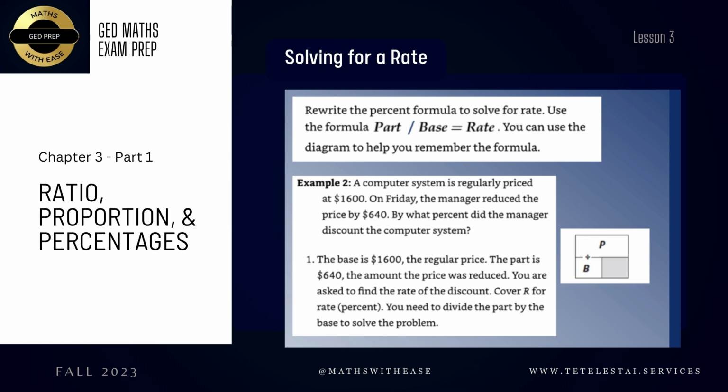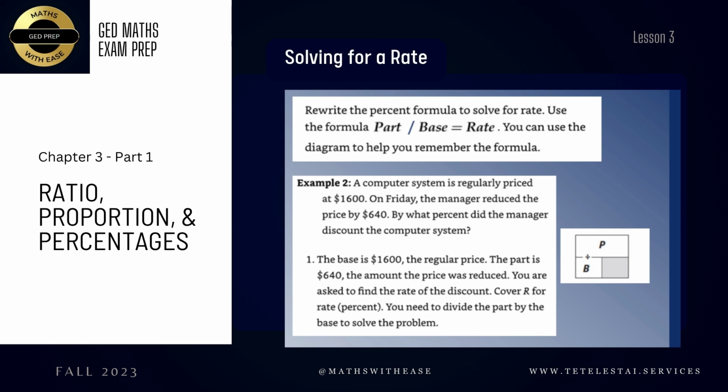And again, you can see that that's reflected in the formula, because since we're looking for the rate, you just cross that out. And what are you left with? Part. And you can see that the operation here between part and base is division.